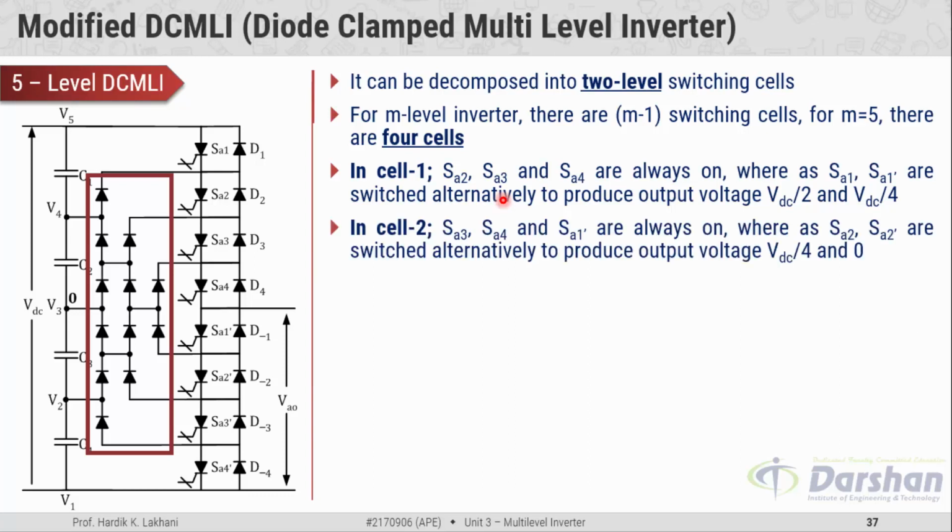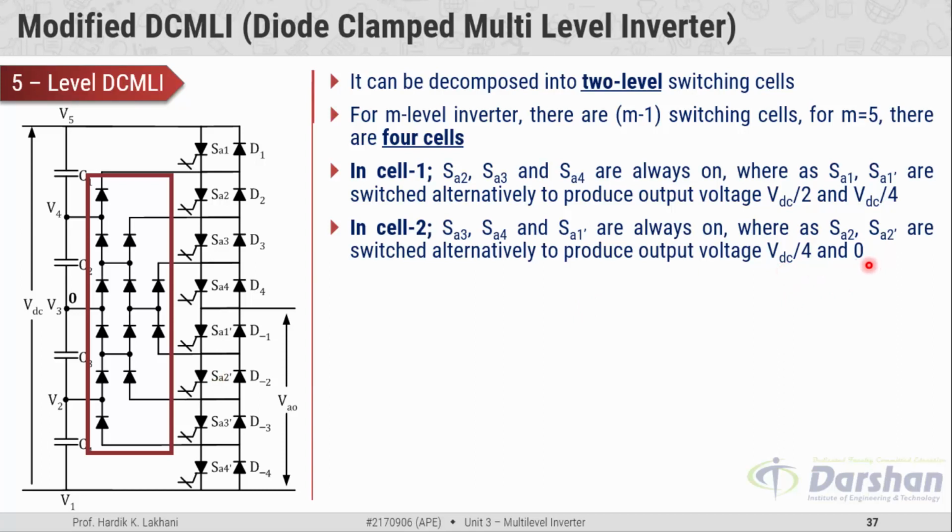The second two-level waveform we can produce using cell number 2, where SA3, SA4 and SA1 dash are always kept on, right? 3, 4 and 1 dash are always kept on, whereas SA2 and SA2 dash are switched alternatively to produce the output with magnitude VDC by 4 and 0.